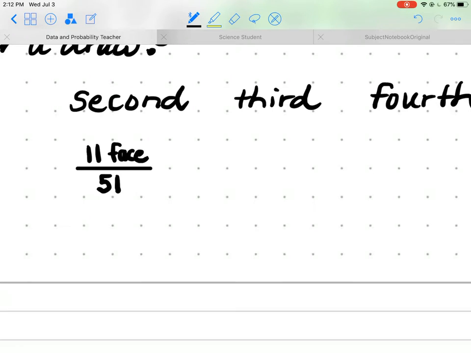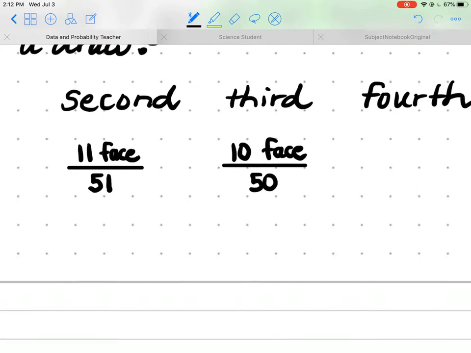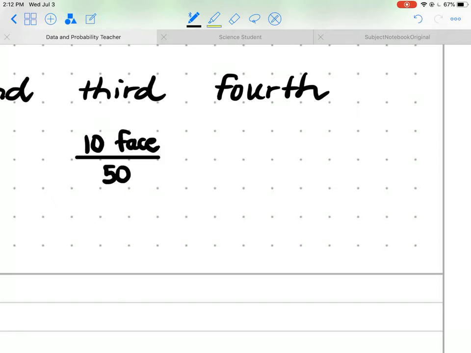In the third draw, there are 50 cards left because we took 2 away, and 10 of them are face cards. And then finally, in the last draw, the 4th card, we only have 49 in our deck, and only 9 of them are face cards.